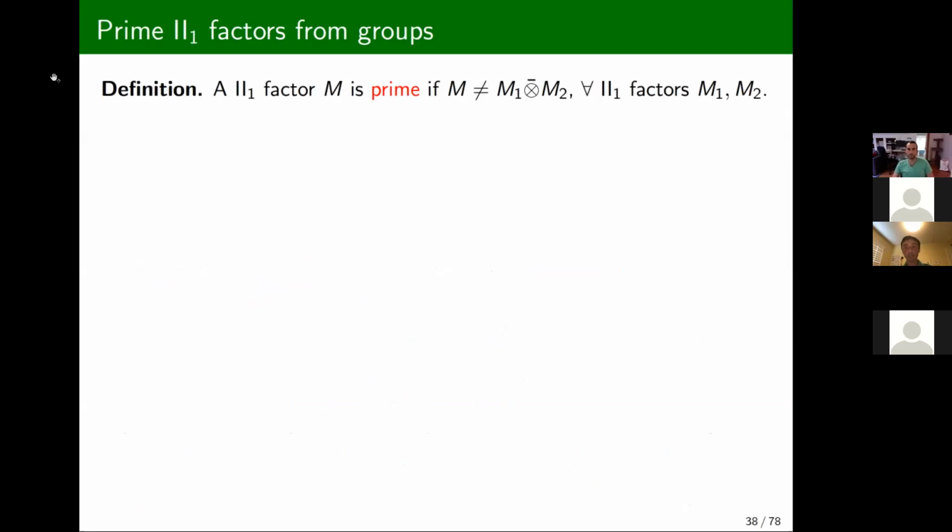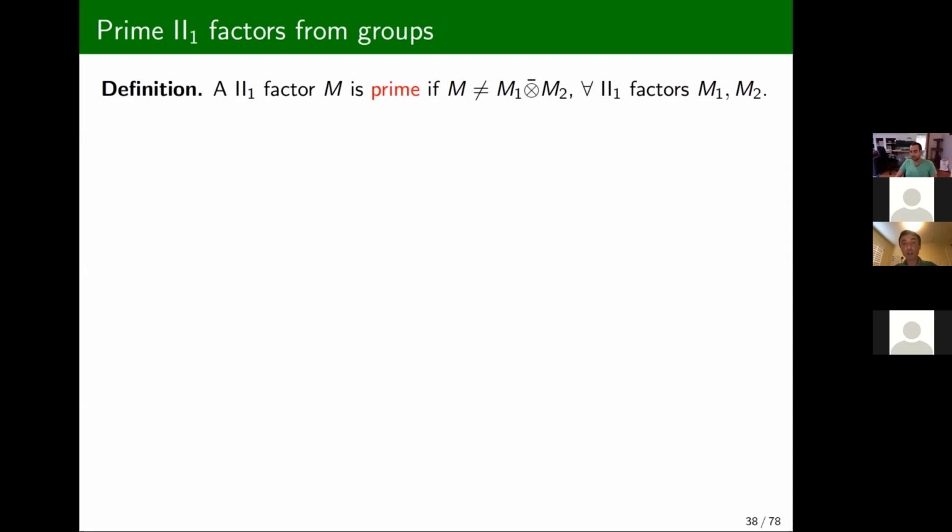So a II_1 factor is called prime if it's not the tensor product of two other II_1 factors, M1 and M2. This is the notion of primeness. You cannot write M as a tensor product of two II_1 factors.